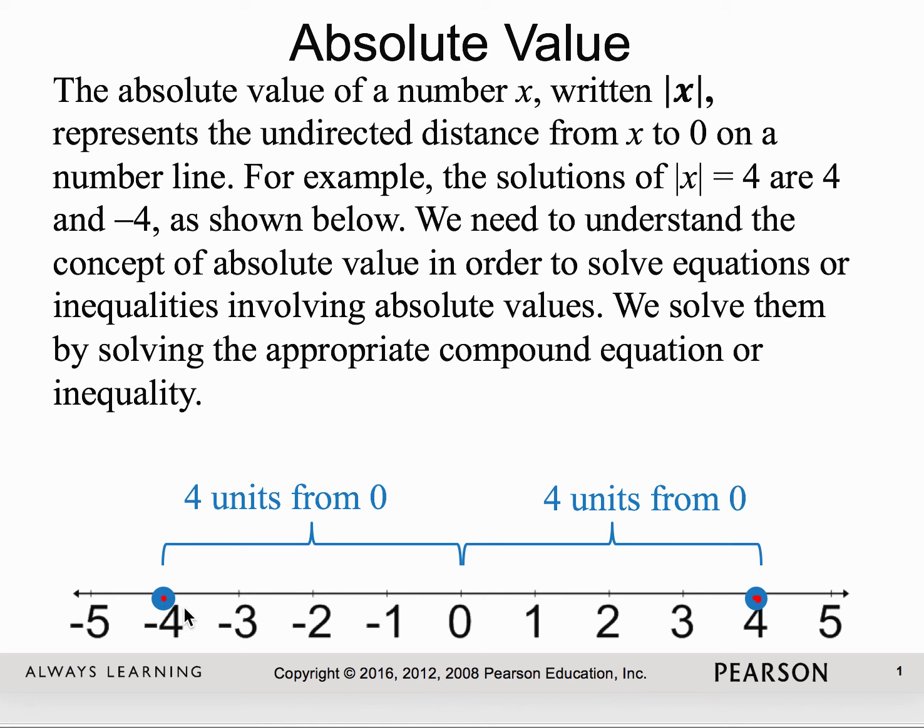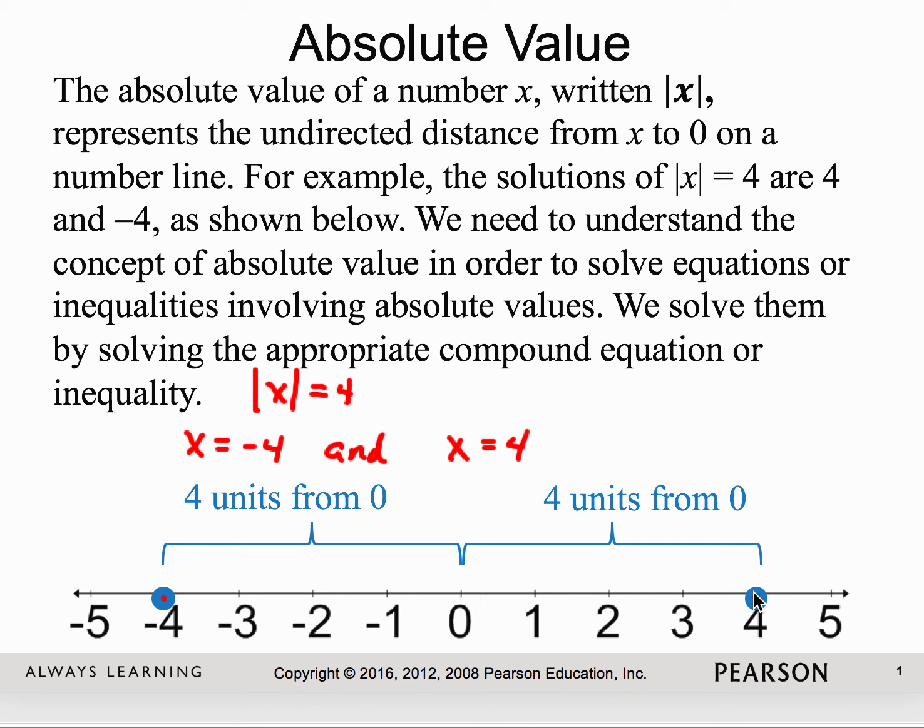Okay, so if I were to try to solve this equation, the absolute value of x equals 4, my answer would be x equals -4, and also another answer is x equals 4. Because there's two numbers that are 4 units away from 0.